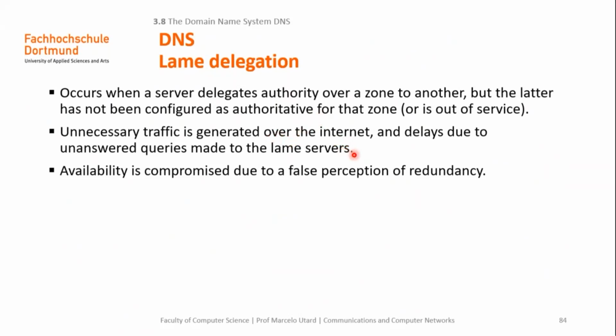That is, sometimes the performance problems in the internet are related to this kind of problem called, for instance, lame delegation, and are not because of traffic and problems of queues in the routers, but because of lame delegation. Availability is compromised due to a false perception of redundancy.